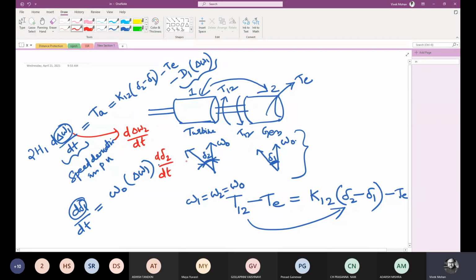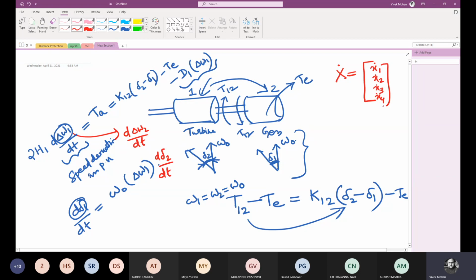So basically, how many state variables are here? I want some x dot, the rate of change of the state vector x, where I have state variables x1, x2, x3, x4.